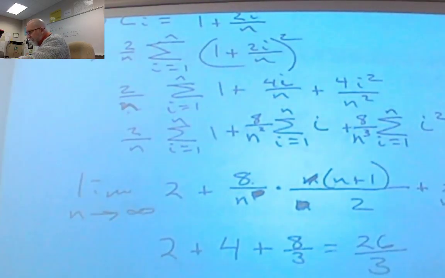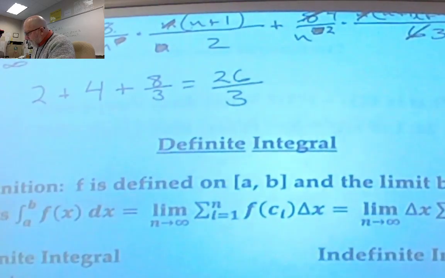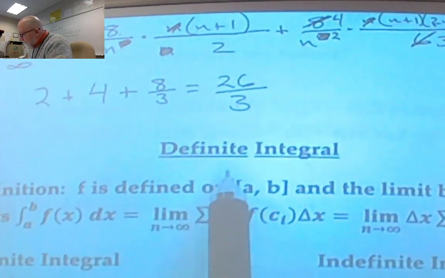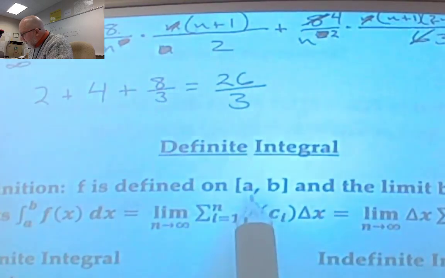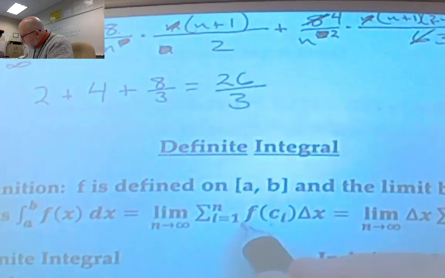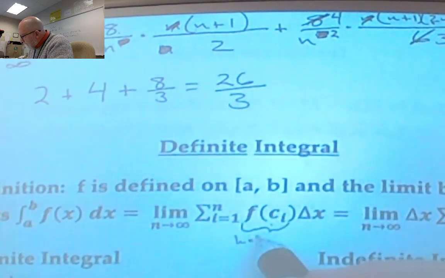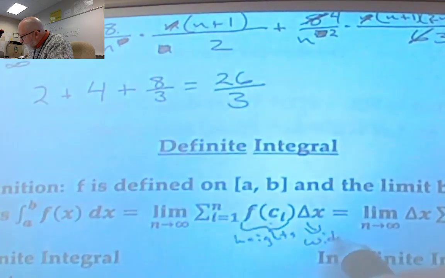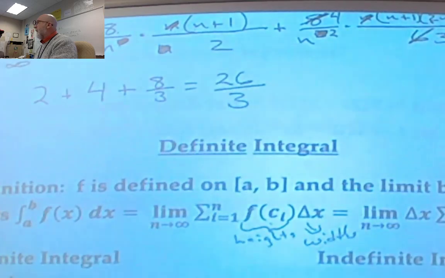All right, super. Alrighty, indefinite integral. So I've defined a definite integral. F is defined on a closed interval, and the limit below exists. So this is called a definite integral because it's got an a and a b. It's got limits or bounds, or what I call a hat and boots, and it's equal to the limit. These represent all the heights, and this represents all the widths of the rectangles, correct?